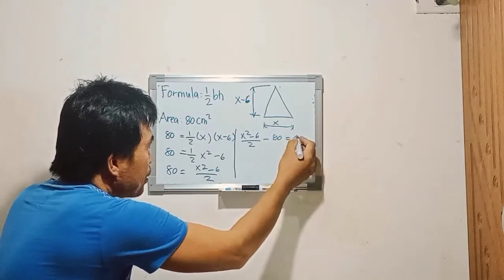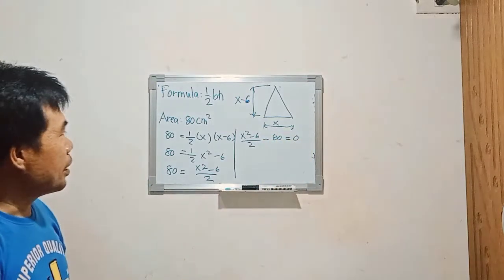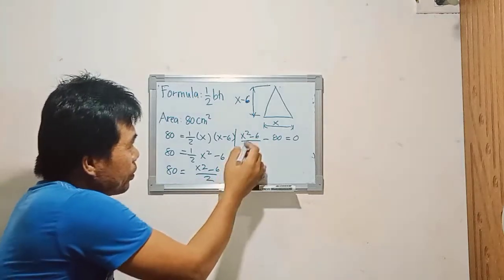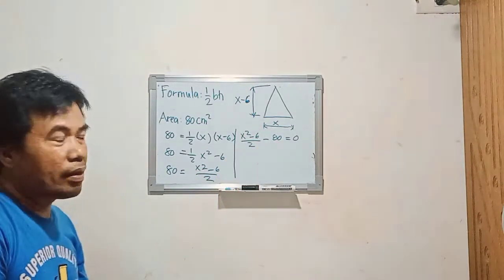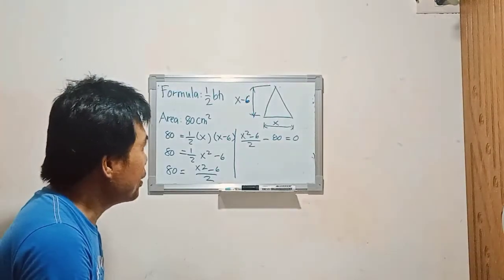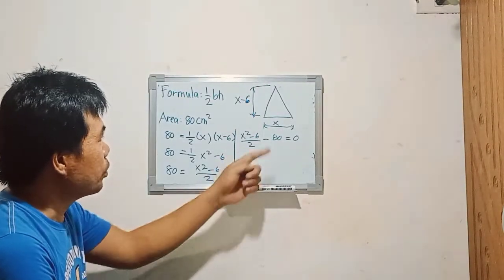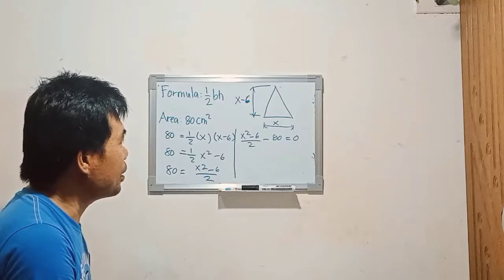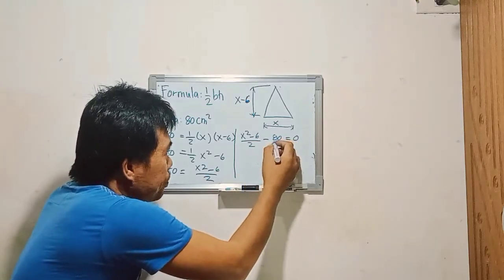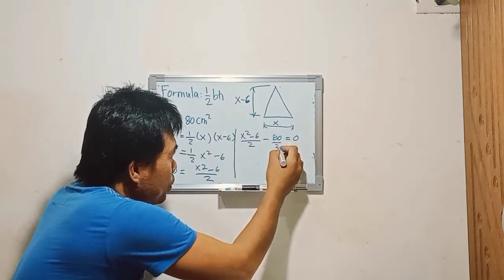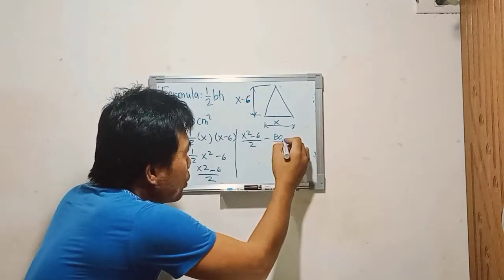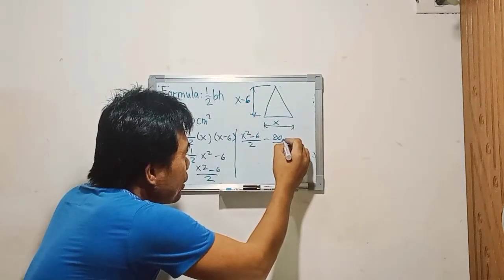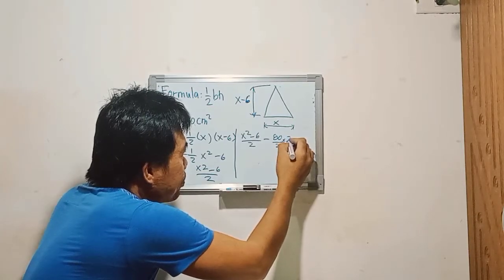equals 0. Okay, next step, so this one and this one are considered fractions. So we need a least common denominator for both fractions. So the common denominator is 2. So therefore 2, and we need to multiply this side by 2.